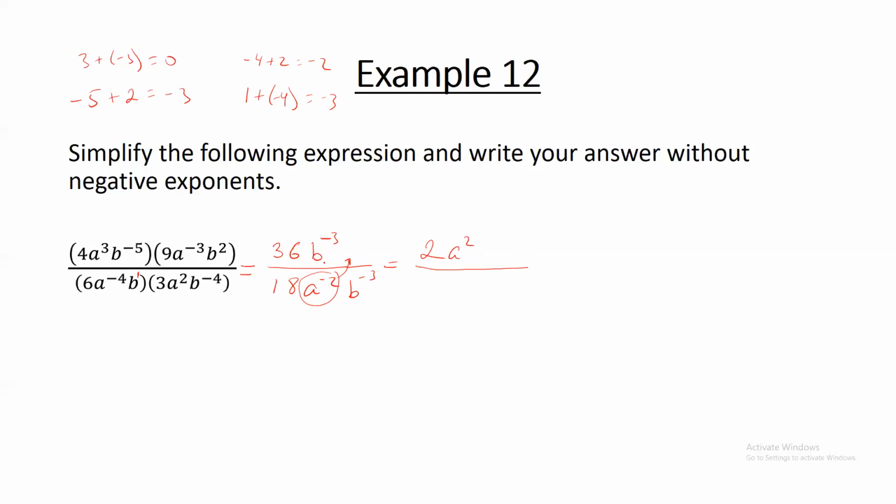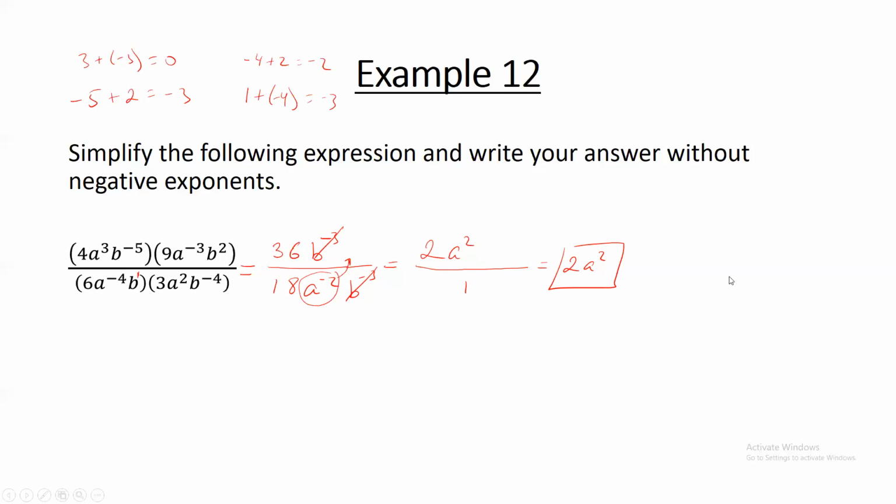Notice there's no a for it to interact with, so we can just make that move. And b to the -3 and b to the -3 will completely cancel. So they're gone, and there's our answer. You can say 2a squared over 1, or in simplified form, you can just say 2a squared.